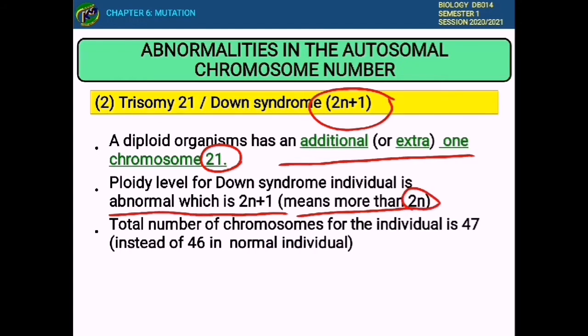Just now we learned about monosomy, where the ploidy level is 2n minus 1, less than 2n. But for trisomy, it is more than 2n, which is 2n plus 1. So the total number of chromosomes for the individual is 47, instead of 46 in a normal individual.